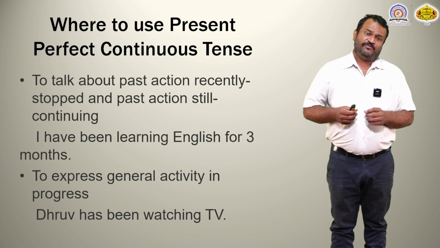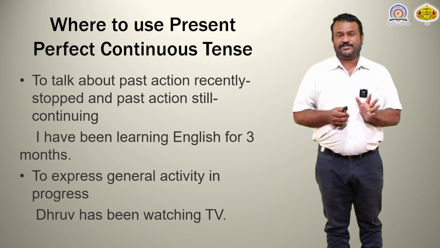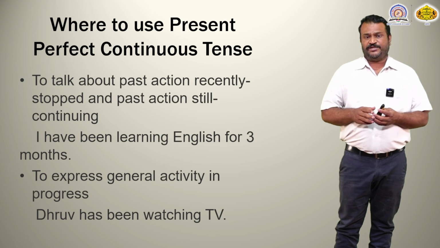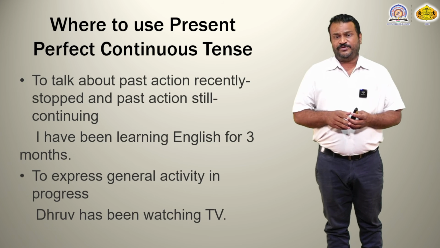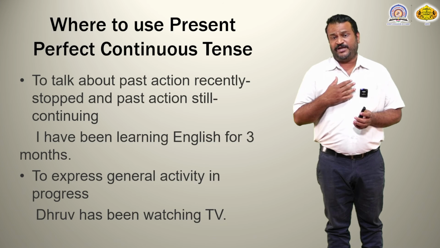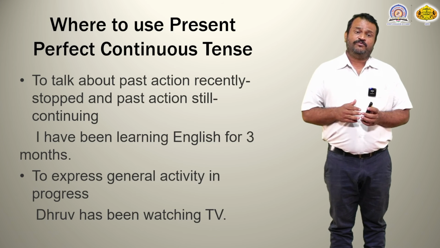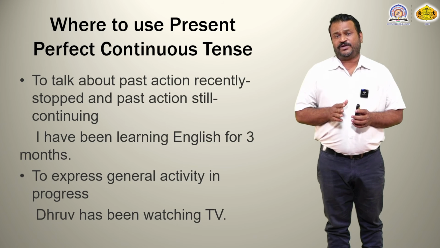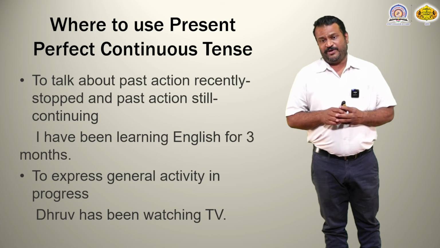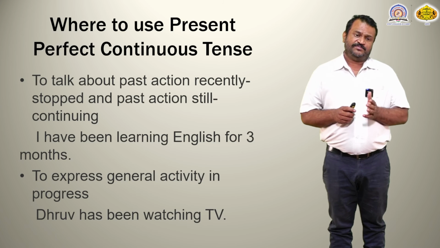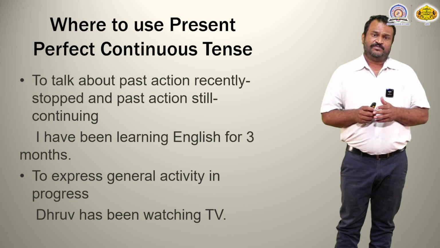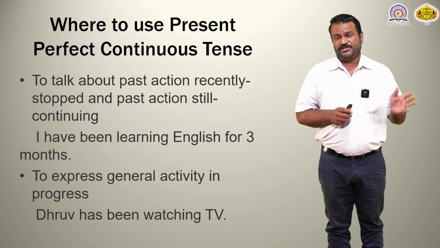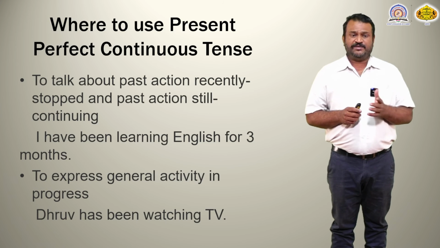Now, where do we use present perfect continuous tense? When we want to talk about past actions, recent ones which have stopped and past actions still continuing, we use present perfect continuous tense. I have been practicing English grammar for 3 months, since January, since December.